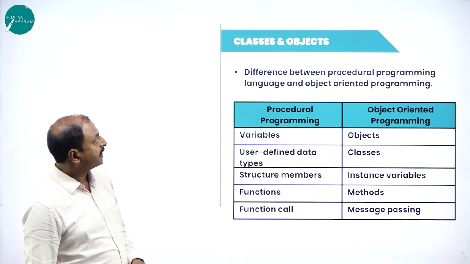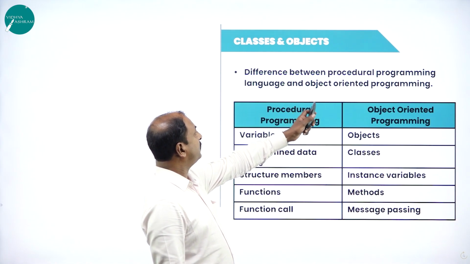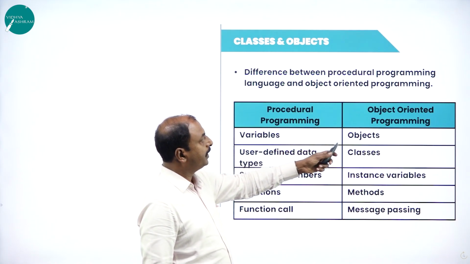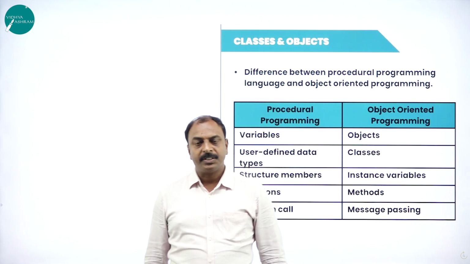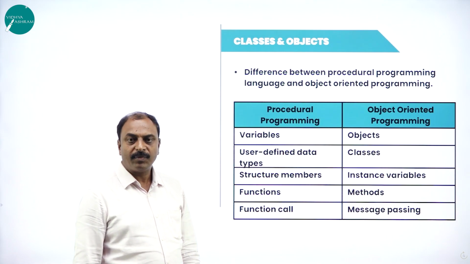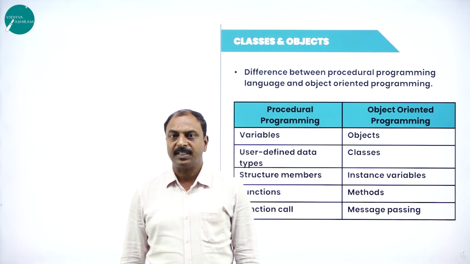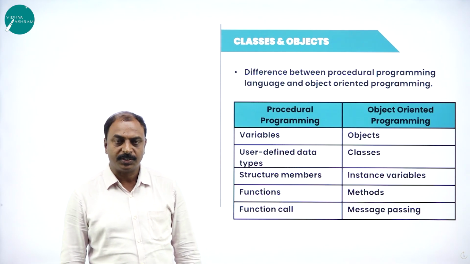Now let us move on to the next slide. Now let us see the difference between procedural programming and object-oriented programming. In our previous chapter, that is the OOPS concepts, we learned the definition of OOPS concepts as well as the characteristics of OOPS concepts.